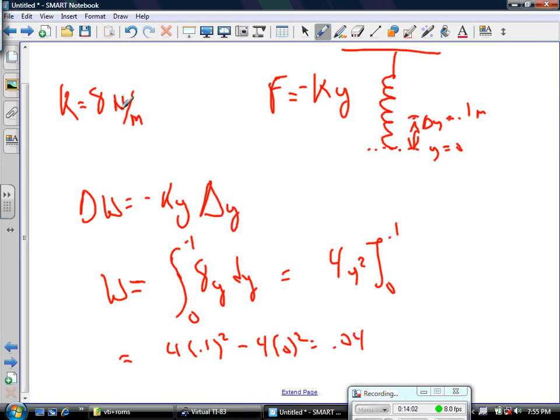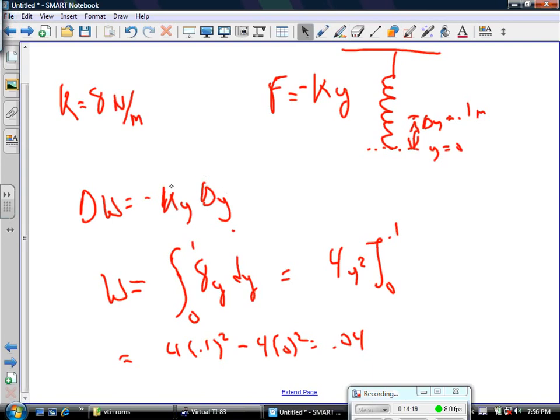Now don't forget the units. k is in newtons per meter, and y is in meters. I wrote this, I'm losing it, ky delta y.